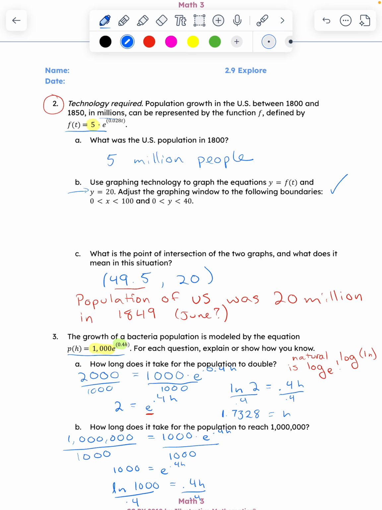And I want to note that if we're in a pinch where we don't have a calculator, or in a non-calculator part of a test, or any circumstance where we just need to get this down and don't necessarily want to solve it all the way out, right here, h equals ln of 1,000 over 0.4 is pretty simplified form.